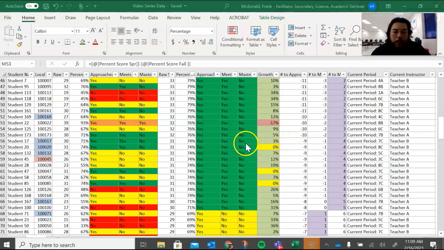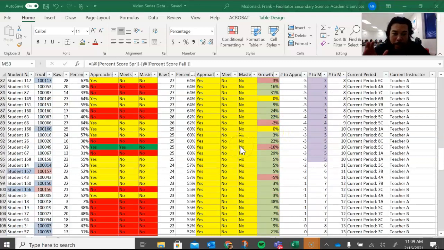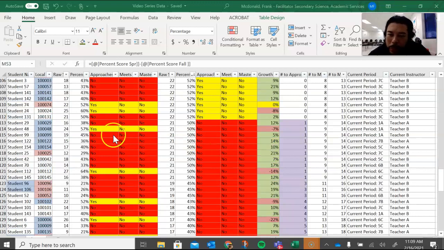So in this view, we can also see as we scroll down, and this is important as well, everything that's red to red. When we see the red to red, sometimes if we just see the red, we don't realize that the students have shown growth.